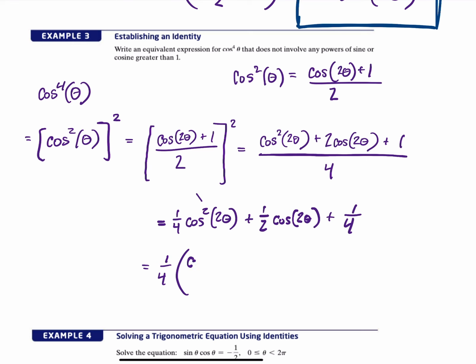So this will be cosine of 4 theta plus 1 over 2. Then we still have plus 1/2 cosine of 2 theta plus 1 over 4.